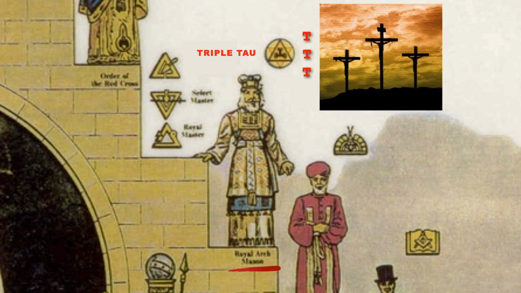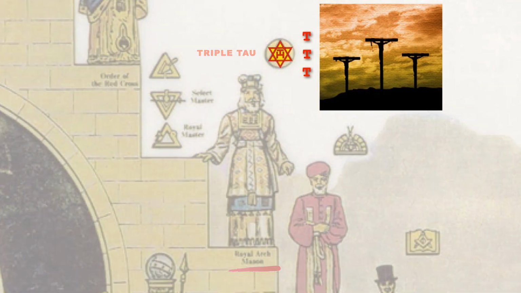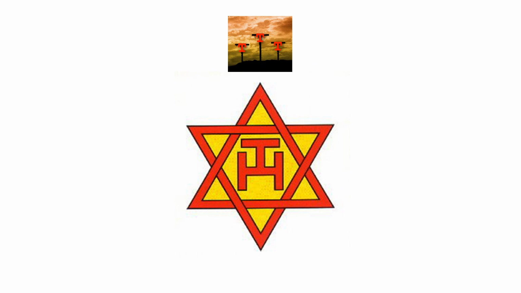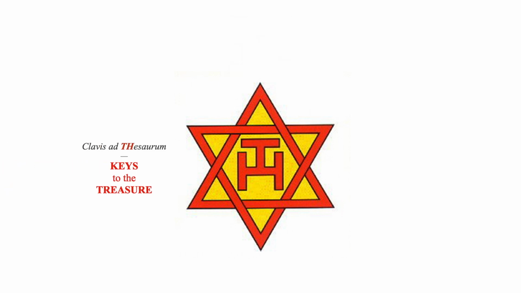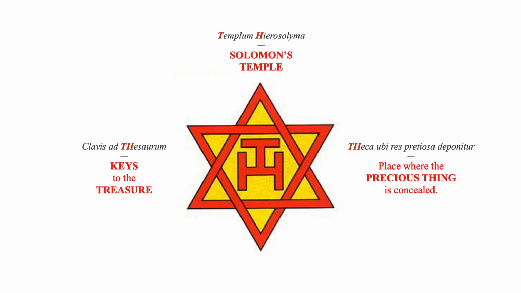It actually references the three crosses on Calvary, which were actually just Tau crosses, and a special symbol was used to indicate those three taus all joined together at the base, but they also look like a TH. The Latin meanings of the secret meaning of this icon are keys to the treasure, place where the precious thing is concealed, and the most important TH of all, Templum Hierosolyma, or Solomon's Temple.